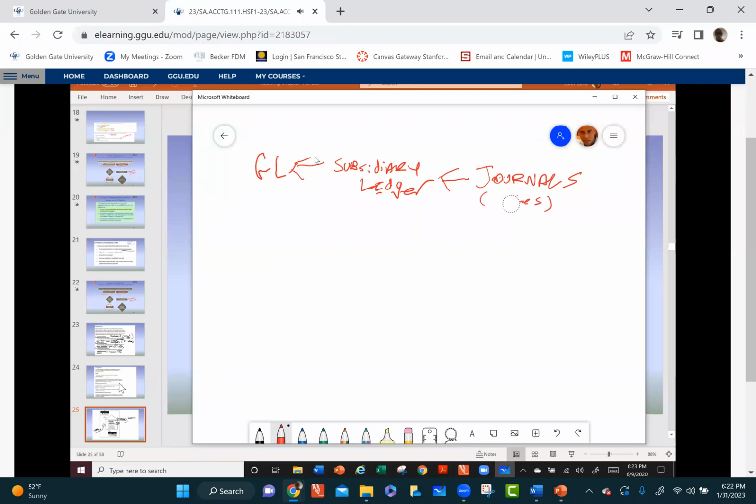Everybody's favorite journal is the sales journal, right? Okay, so I'm going to have my journals, but I'll say my sales journals, okay? And then I'm going to have supporting documents. So, well, in my sales journal, let's say I have sale. Well, I'll put not sale, but I'll put invoice.